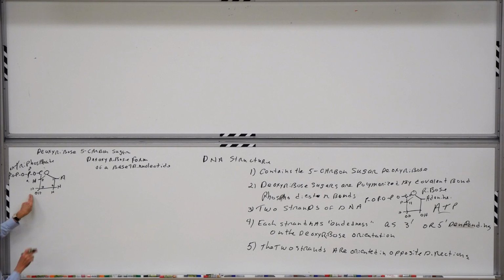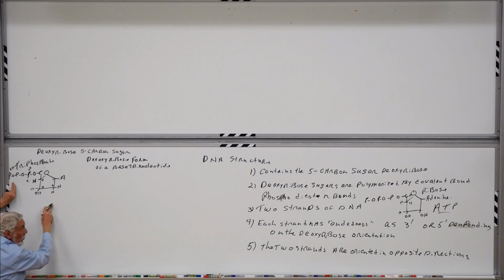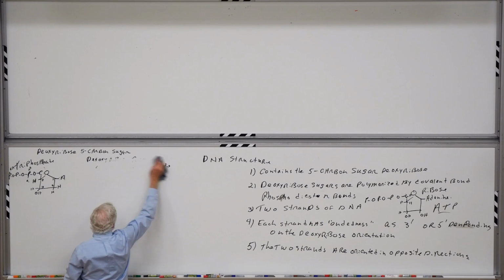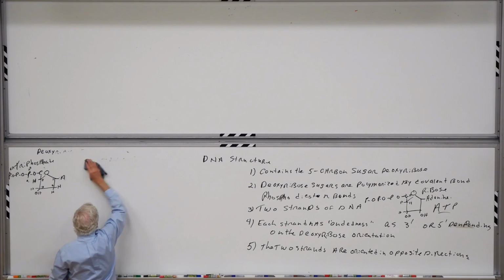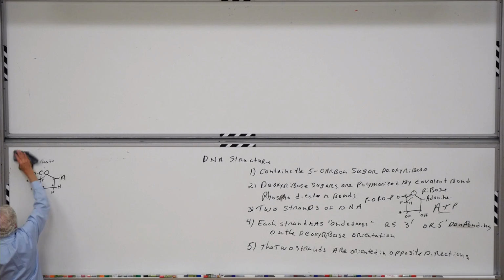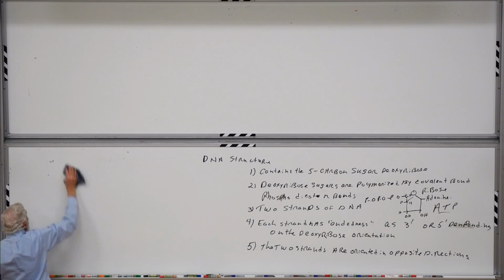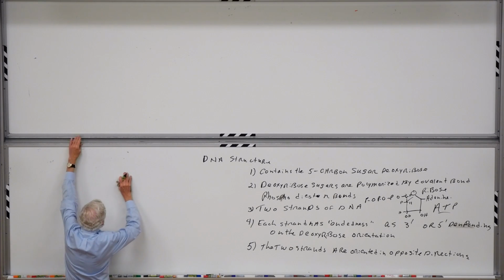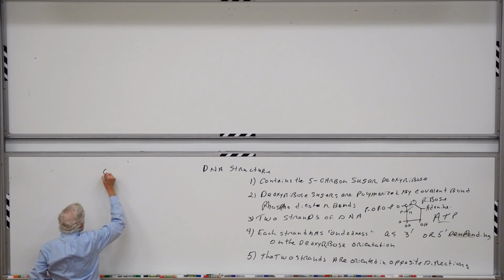We're now going to use this triphosphate to begin assembling the DNA molecule. So let me start with a clean slate. So let's say, over here, we have our 5-carbon sugar. 1, 2, 3, 4, and 5.